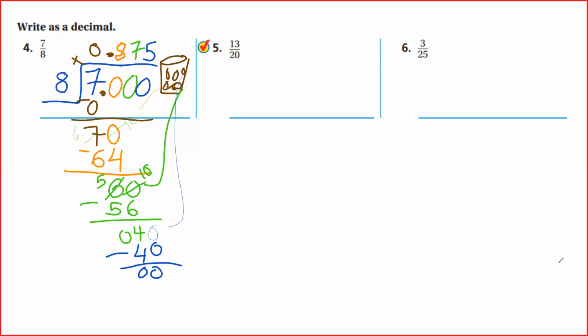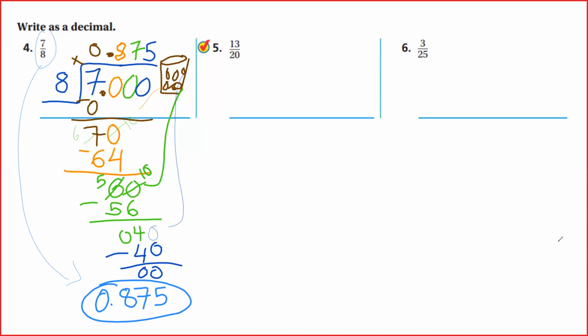Now my remainder is 0, so I will stop. Then next here, I will say that 7/8 is 0.875. So this is the way you will convert a fraction to decimal.